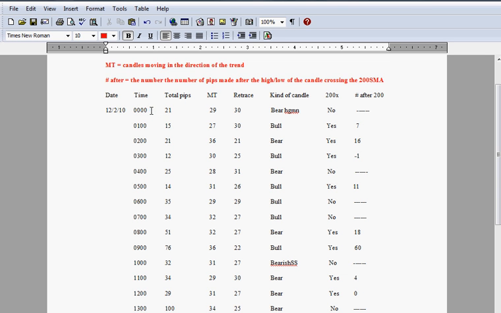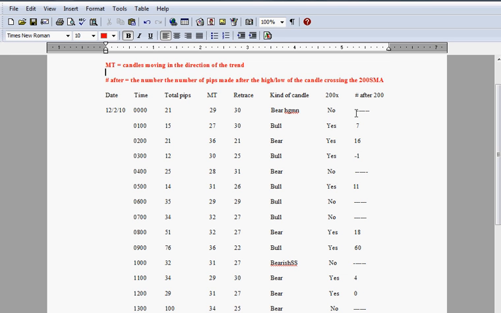The total pips in that hour is 21. Your candles going in harmony with that trend are 29, and your retracement candles are 30. The kind of candle you had in that hour was a bearish hangman, and you did not get a cross of the 200 SMA. Therefore, you didn't have a number of pips afterwards.